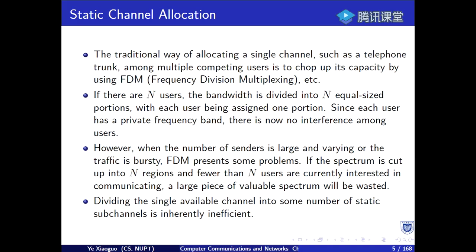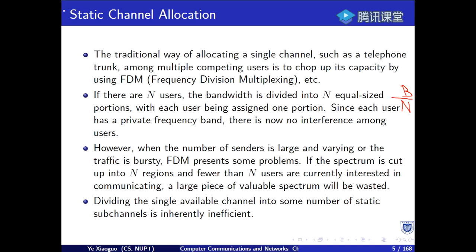With each user being assigned one portion, we assume the total bandwidth of the channel is capital B, and there are n users. So each user has a private frequency band. There is now no interference among users.